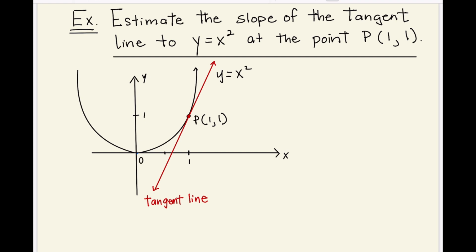If you recall from algebra, in order to calculate the slope m for a line, we have to calculate the rise over run. But in order to do that, we need 2 points.